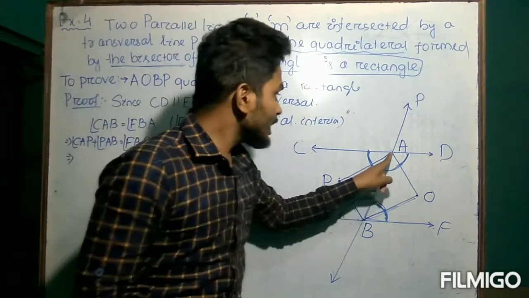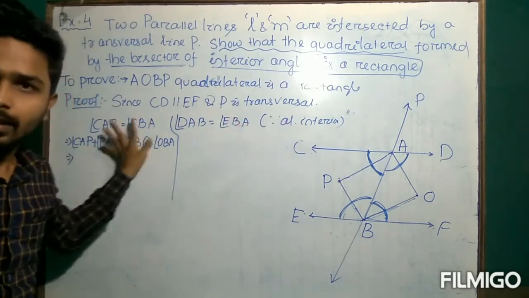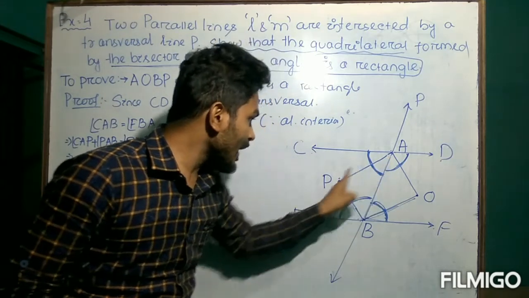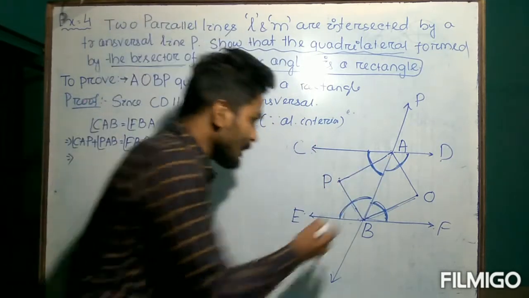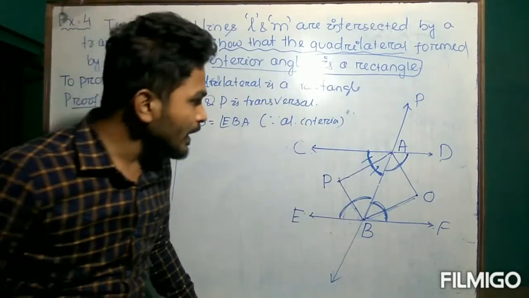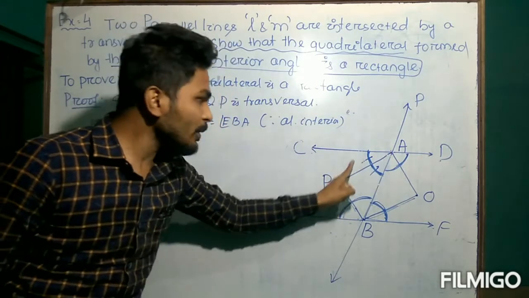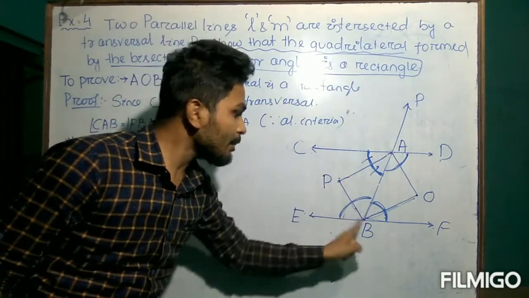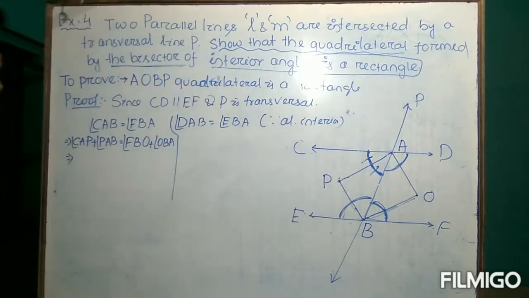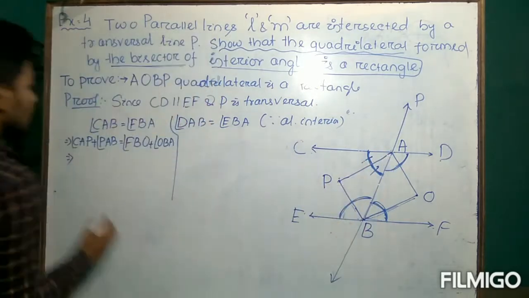It is given that AP is the angle bisector of this angle, which means this angle is equal to this angle. In the place of CAP, can we write PAB? Yes, because AP is the angle bisector. So in the place of CAP we can write PAB.